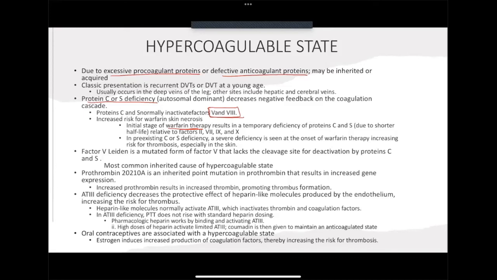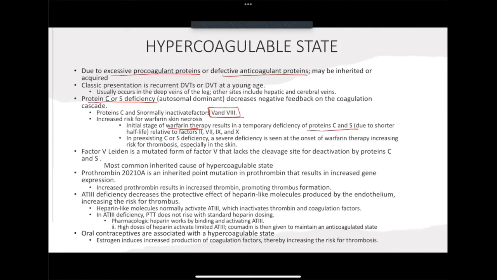So they use warfarin. In the initial stages of warfarin use, because warfarin blocks vitamin K and factors 2, 7, 9, and 10, and protein C and S are activated via vitamin K, you have a deficiency of protein C and S in the beginning.